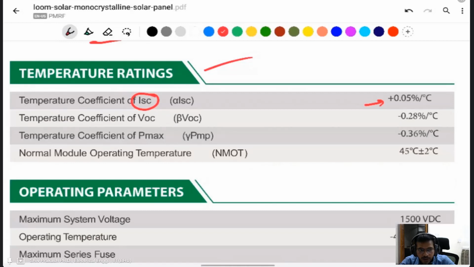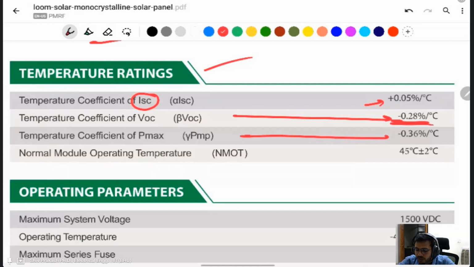But the open circuit voltage has a negative temperature coefficient of minus 0.28% per degree centigrade. It means the open circuit voltage will reduce while the short circuit current will increase when you increase the temperature. Since power is the multiplication of VOC and ISC, the maximum power will definitely be reduced also. The max power coefficient is given also as negative 0.36% per degree centigrade.